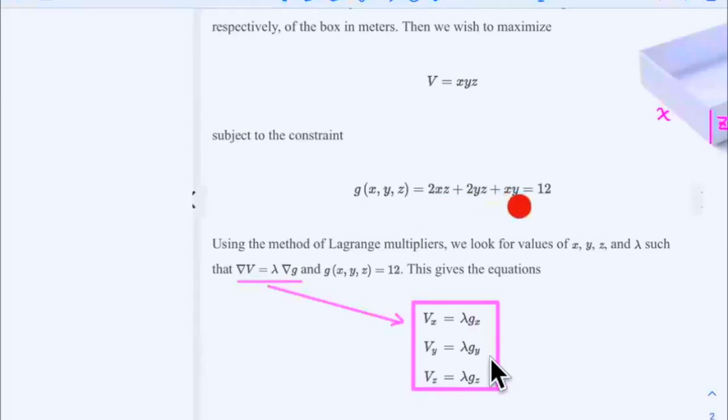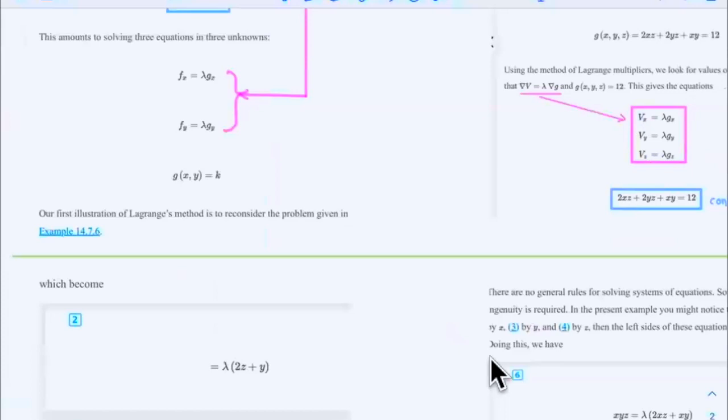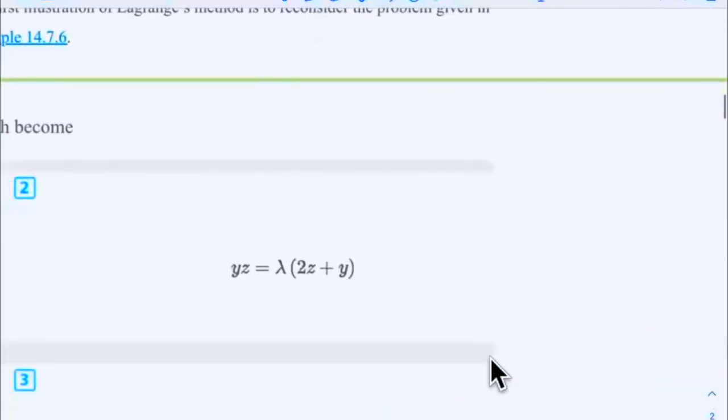So 2z plus y. So we have yz equal to lambda times (2z plus y). Remember the lambda over here is just the lambda.